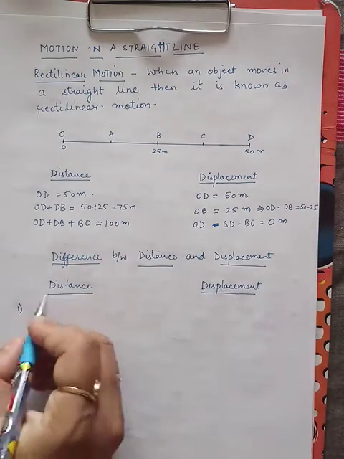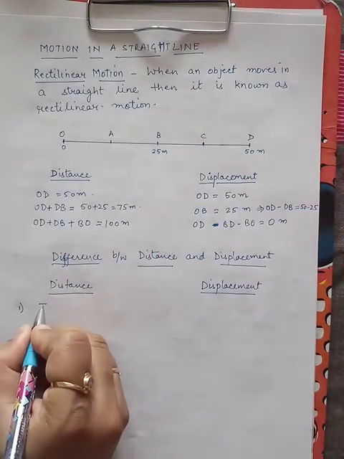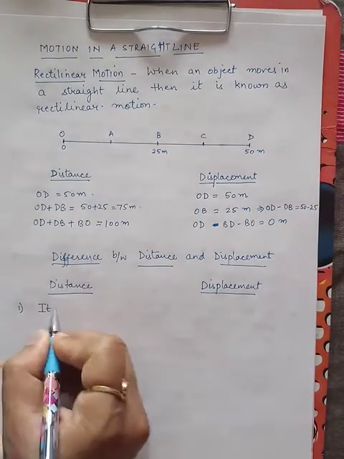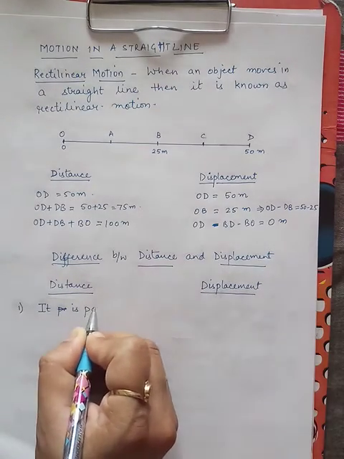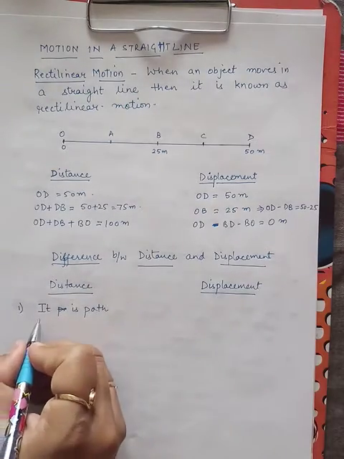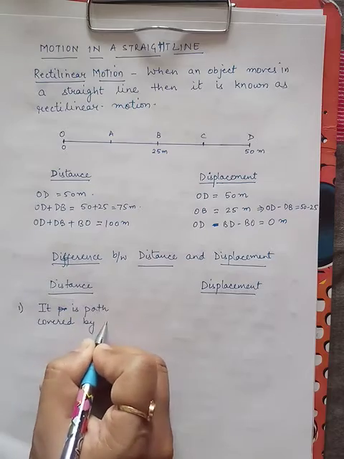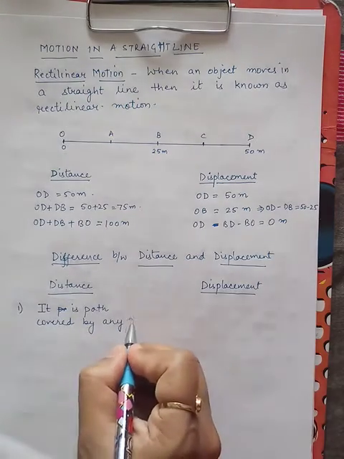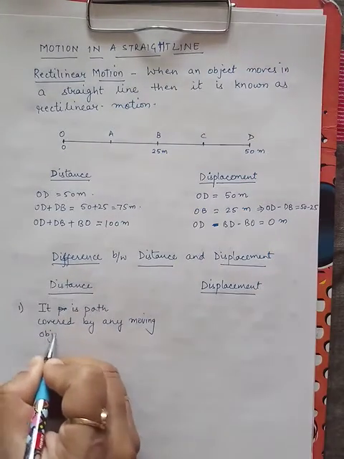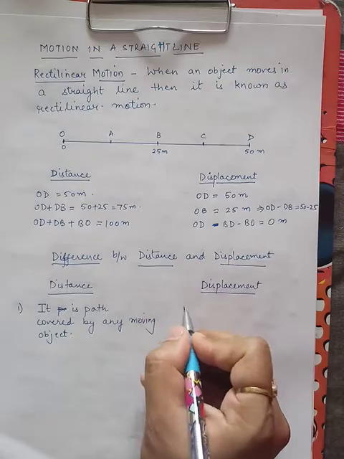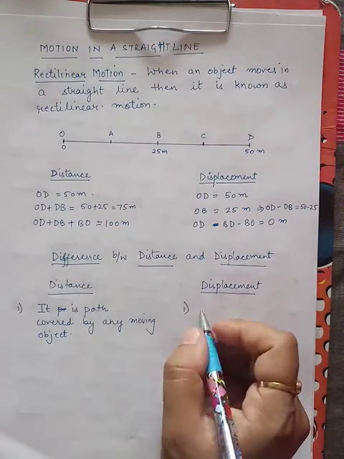Distance, what is distance? It is nothing but the path traveled, covered by an object when it is in motion. It is the path covered by any moving object. Now what is displacement? We just now defined it.